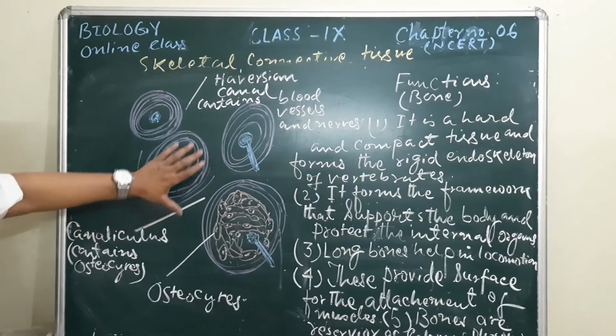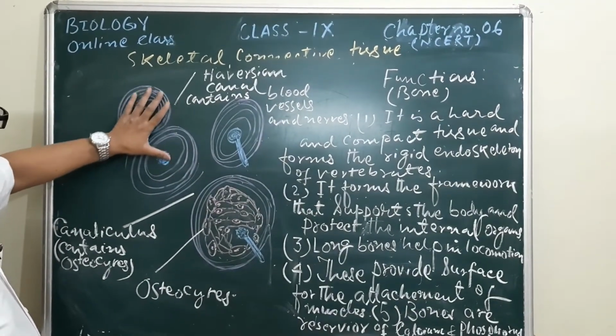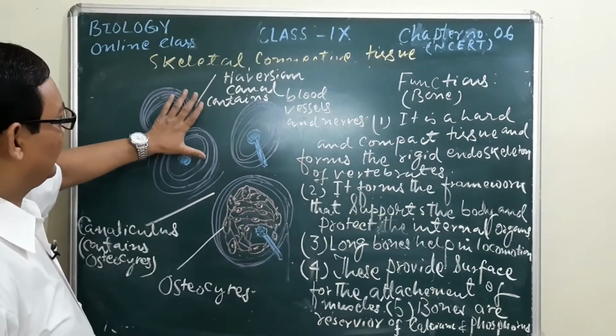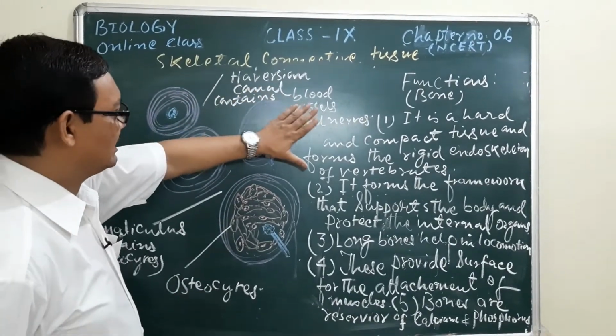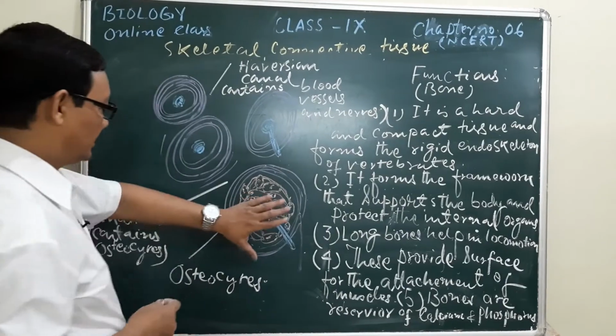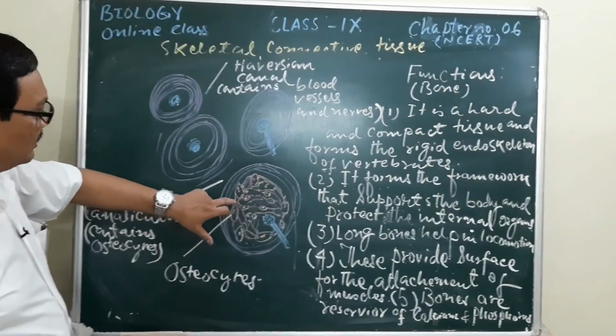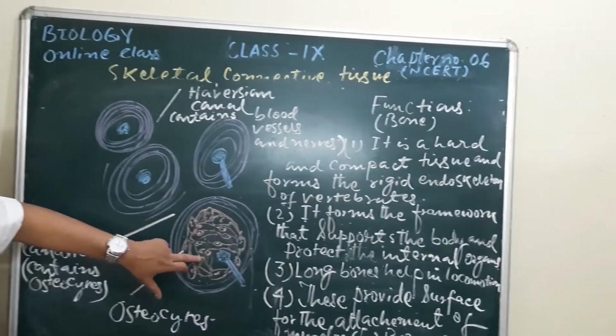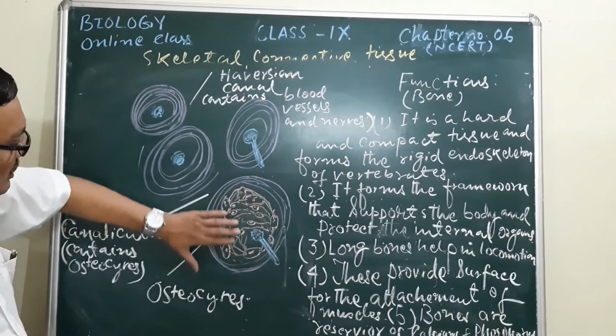And here in this diagram, the Haversian canal containing blood vessels and nerves is shown, and here the finer canal system and the osteocytes.